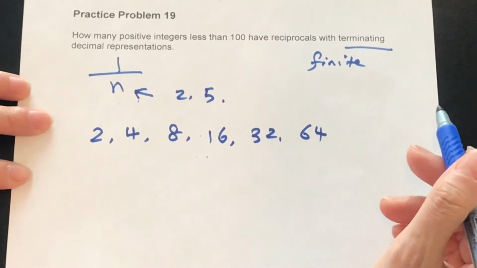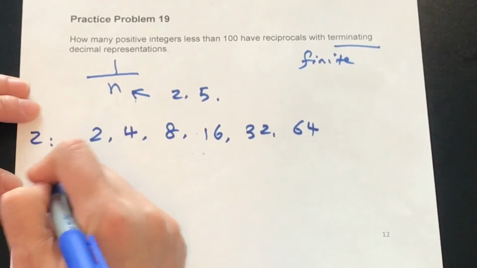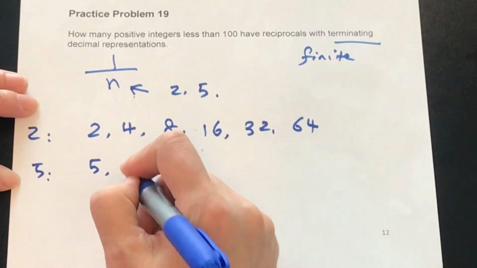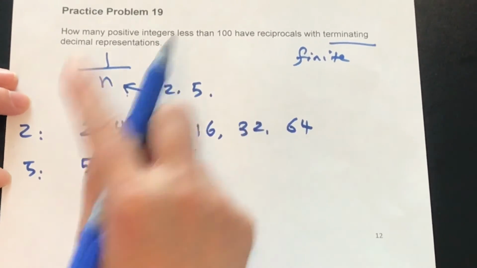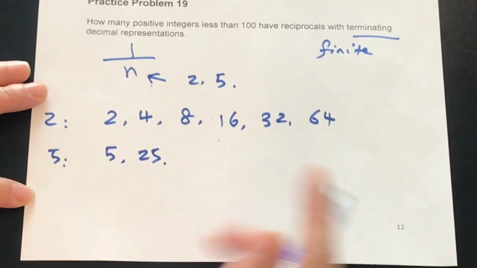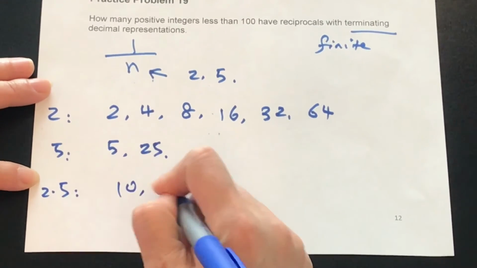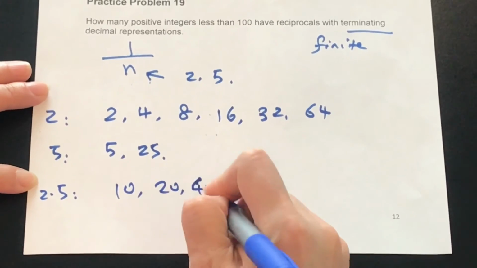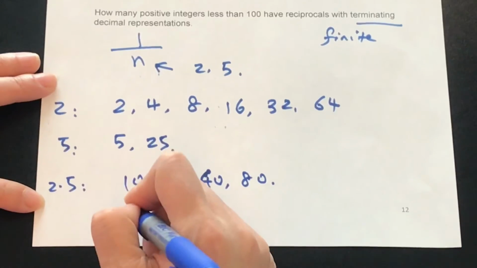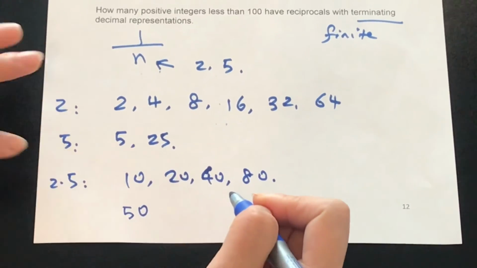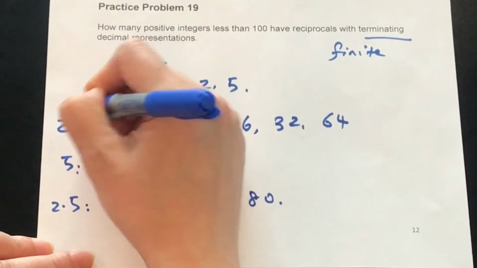Multiply by 2, that's 128, so that's out of bounds. So that's all 2s. All 5s, 5 and 25. 5 to the cube is 125, outside. And the combination of 2 and 5, you could do 10, 20, 40, 80. Okay, or 50. And there's one that we should mention in the very beginning, that's number 1.